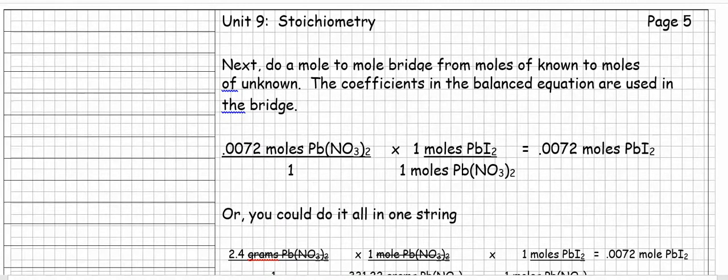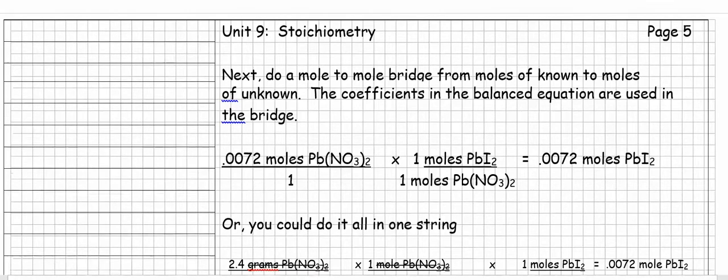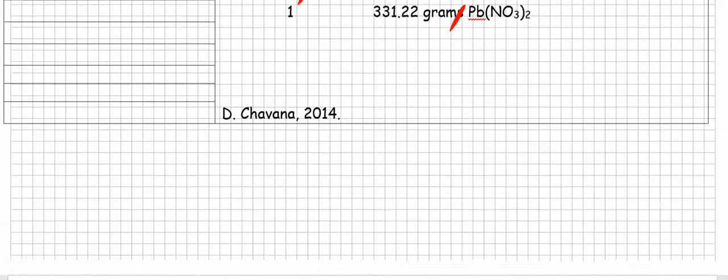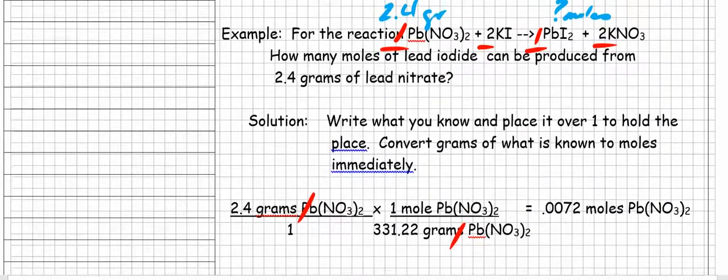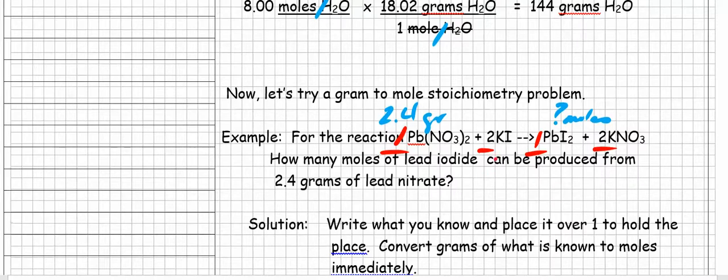So what I'm going to do now is call a mole-to-mole bridge, right? I'm going to do a mole-to-mole bridge from the moles of the known to the moles of the unknown. The coefficients in the balanced reaction are used in this bridge. So let me show you where the bridge is in the balanced reaction. So I'm starting with lead nitrate and potassium iodide, and I'm ending up with lead iodide and potassium nitrate.